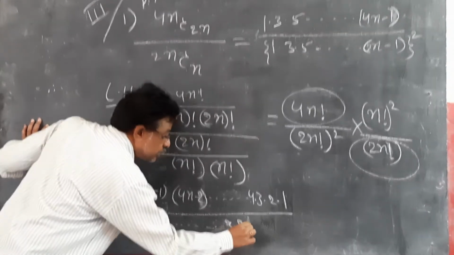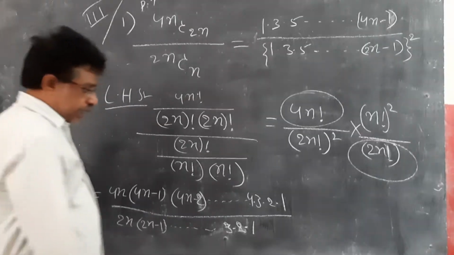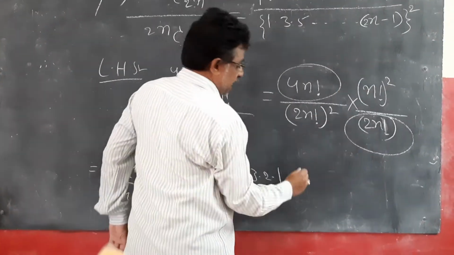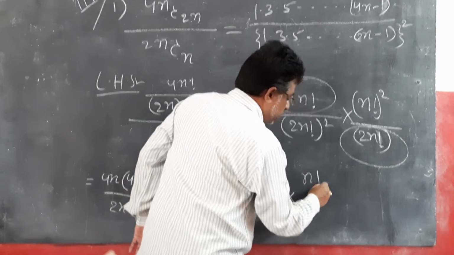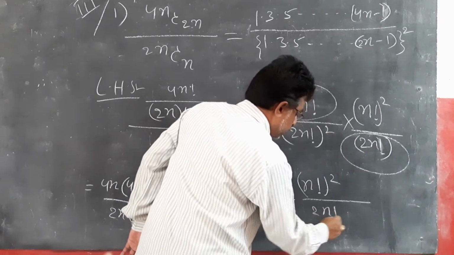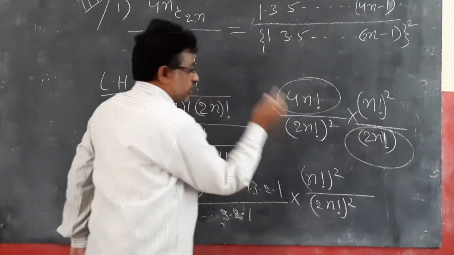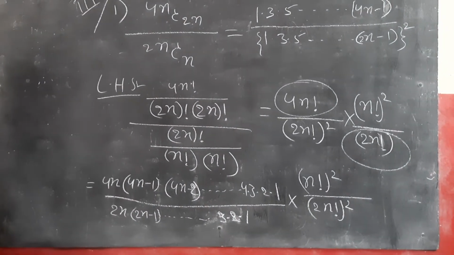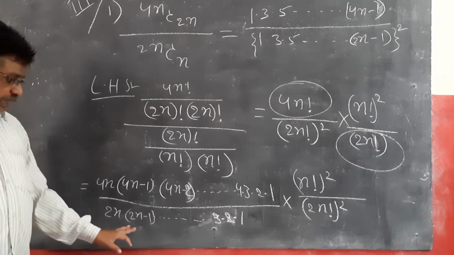The n factorial whole square by 2n factorial whole square part stays as is.